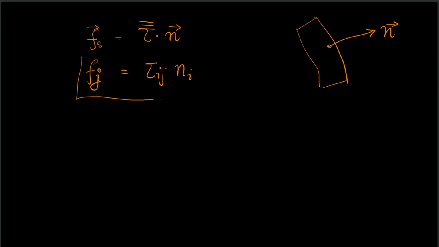Okay, so this is the way to write it, and this should be transpose, but tau transpose is equal to tau. As we had already seen, the stress tensor is a symmetric tensor.